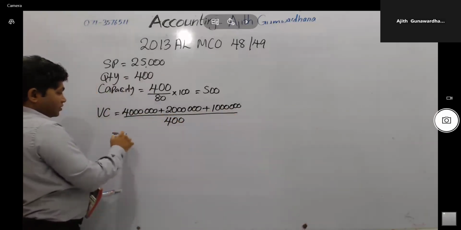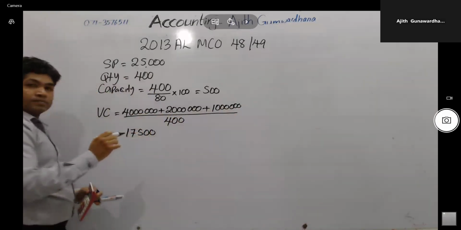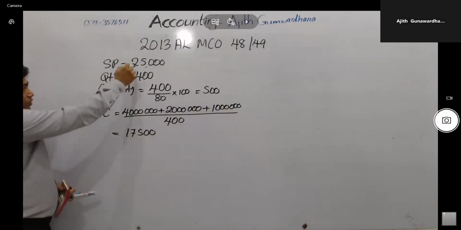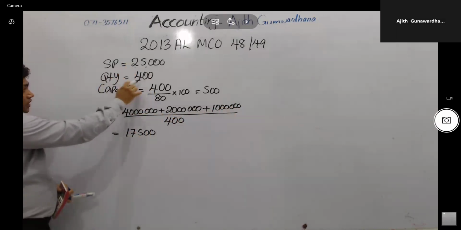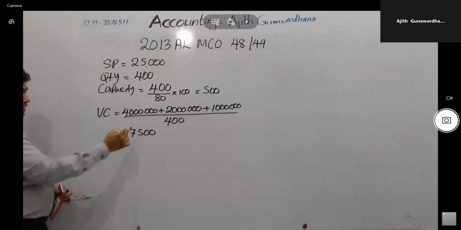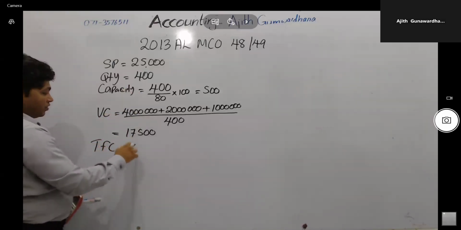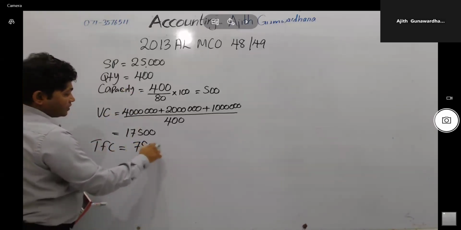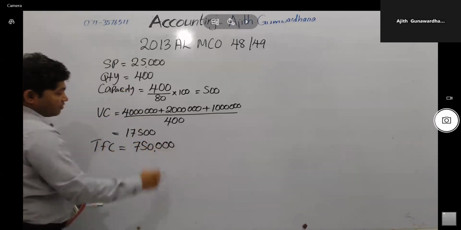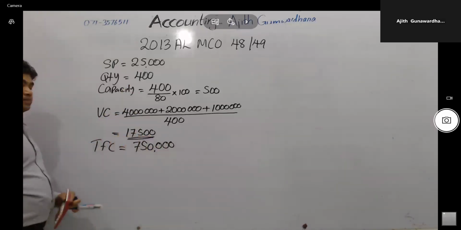Therefore, variable cost per unit equals rupees 17,500. Selling price is 25,000 and sales quantity is 400,000. The total fixed cost is also given as 750,000. This is the information given by the examiner. Variable cost per unit is very important.